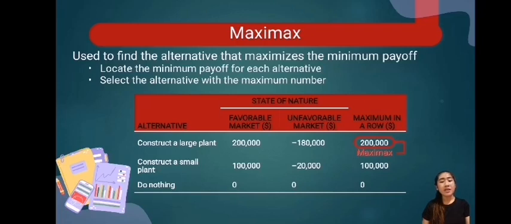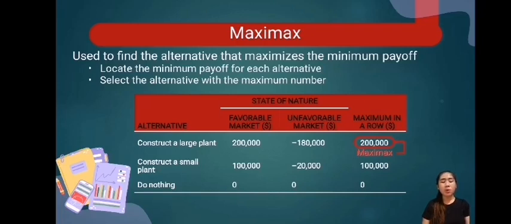The approach used here is the optimistic approach, because the go-for-it strategy is used and it does not take into account any payoff other than the best. In the table, we can see that Thompson's Maximax choice is the first alternative, which is construct a large plant, with the maximum of the maximum number within each row.